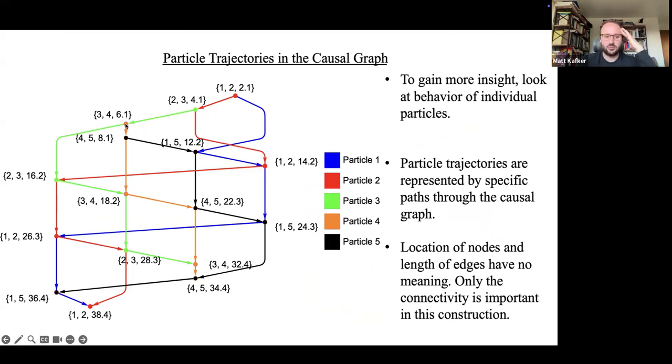All the green edges will correspond to particle 3. So we follow particle 3 down here, and then 3 collides with 2 again at some later time, and then 3 collides with 4, and 3 collides with 2, 3 collides with 4, and so on. And you can work your way through the graph using these colors as a way of identifying what's going on here. Okay, it's an arbitrary construction, but is it somewhat clear what it is that we're looking at here?